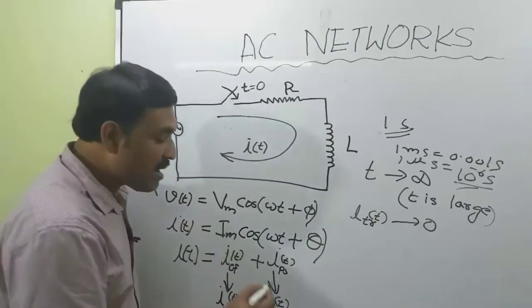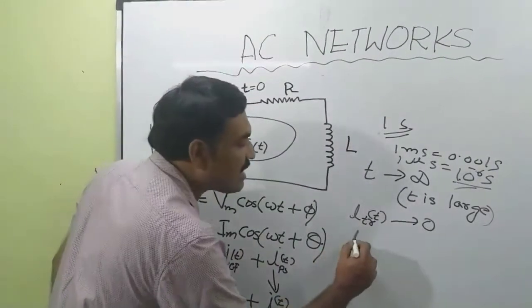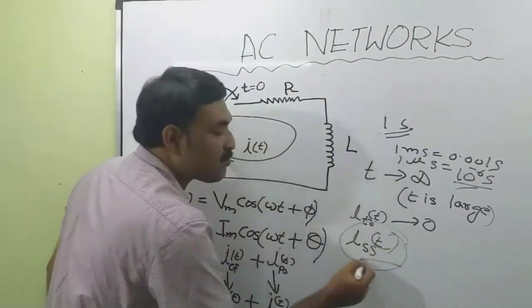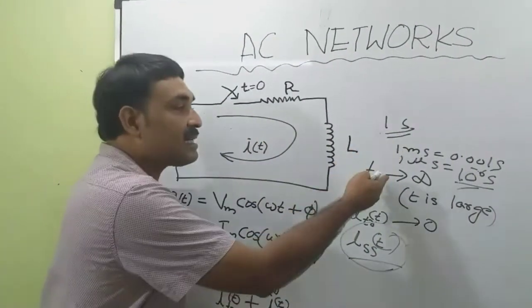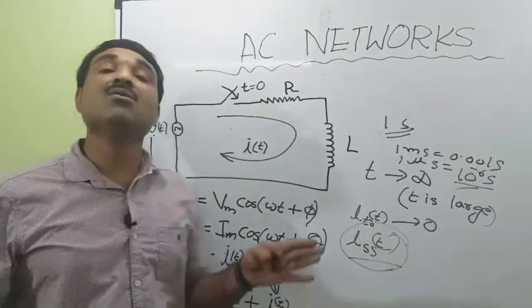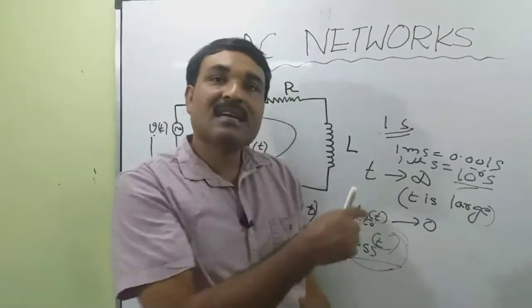Then the response that remains is only the steady state response. So this portion of the response remains as t tends to infinity, and this dies out or becomes 0 in the case of a network. So this is the concept of infinity.